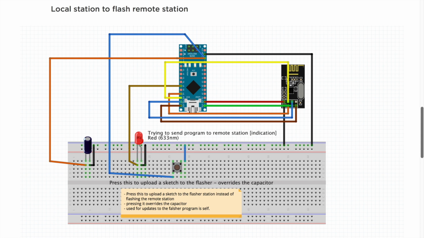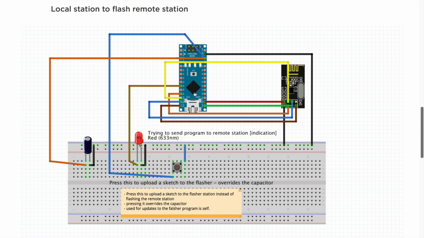This guy here is just for when I want to update this station locally and avoid the capacitor, and maybe I have updated the LED debugging thing here, so I want to flash this local station instead of the remote one. So I'm just pressing here, and it overrides the capacitor, and you can flash this program.